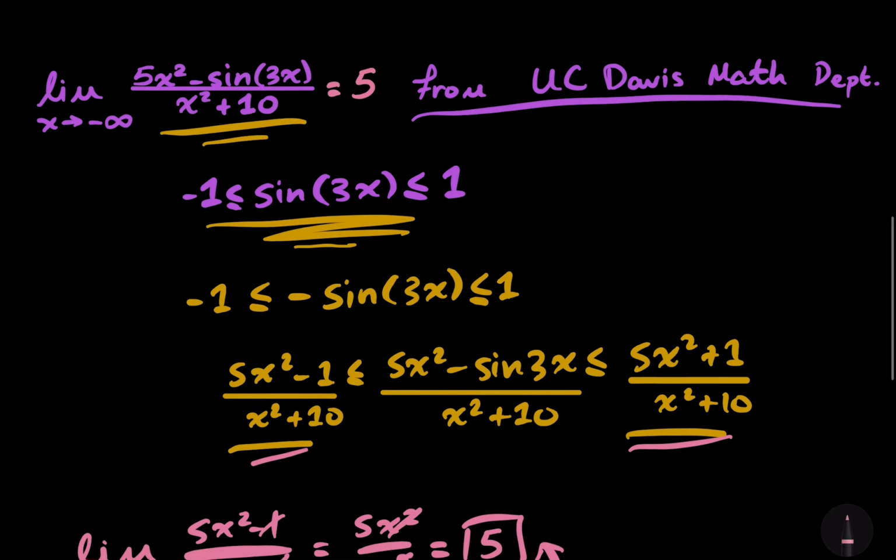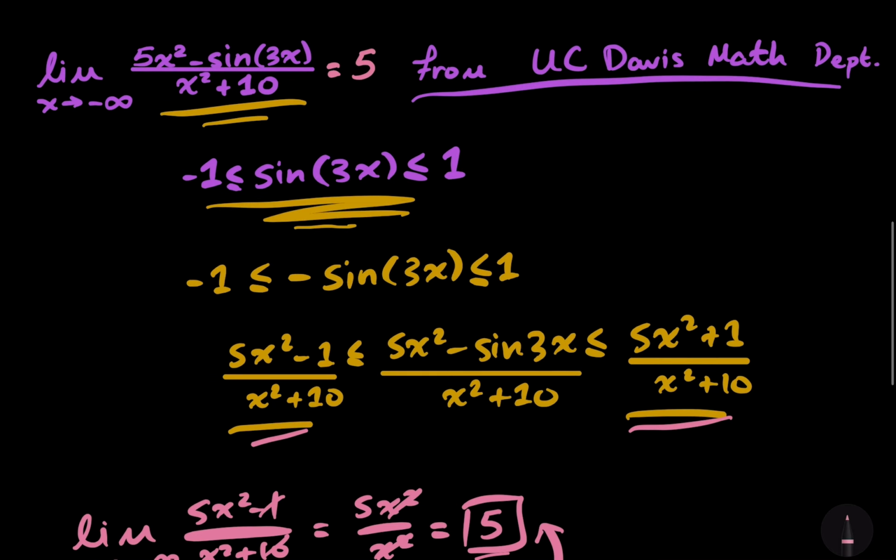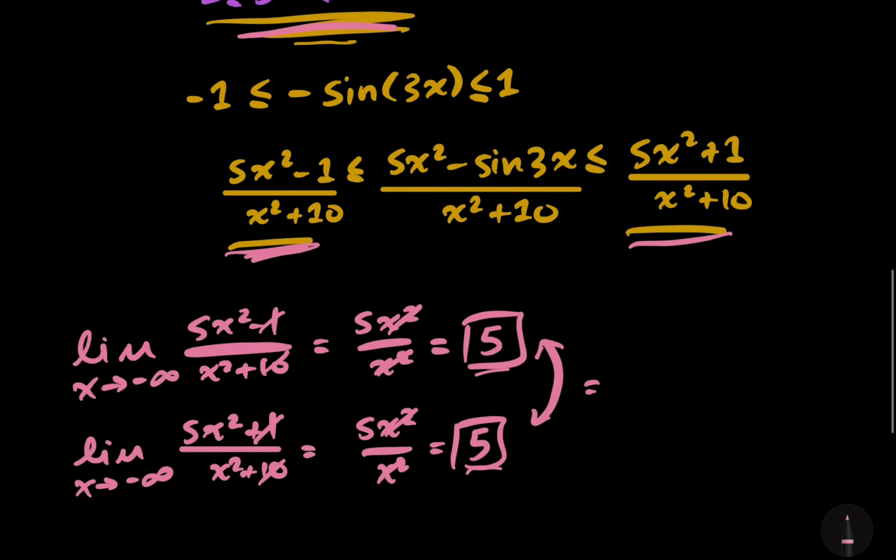And so that's a very interesting thing. It would be very difficult to solve this using our basic principles of limits at infinity, because we don't really know what happens to sine of x as x approaches plus or minus infinity, because it's going to be bounded somewhere between negative 1 and 1. And just using this piece of information, we were able to locate two functions that our initial rational function was bounded above and below by.